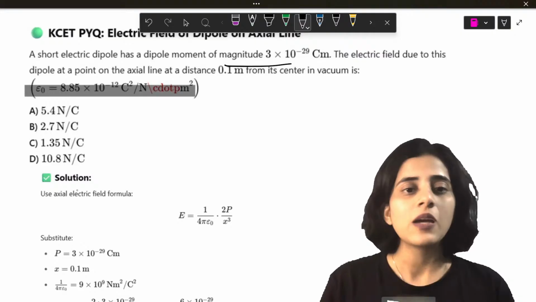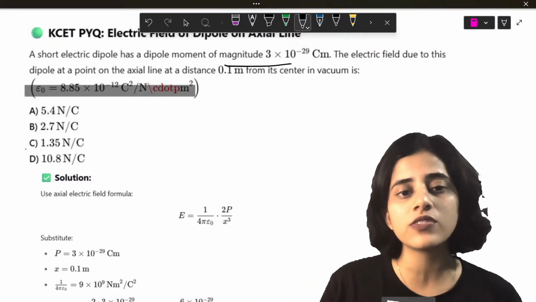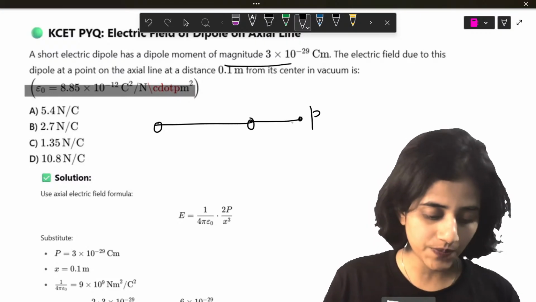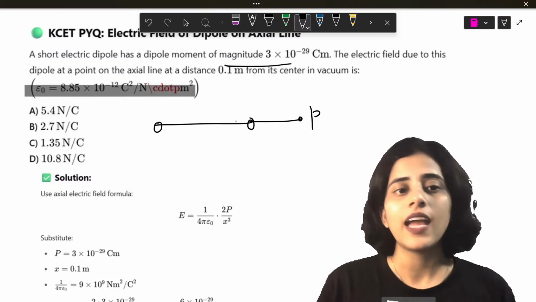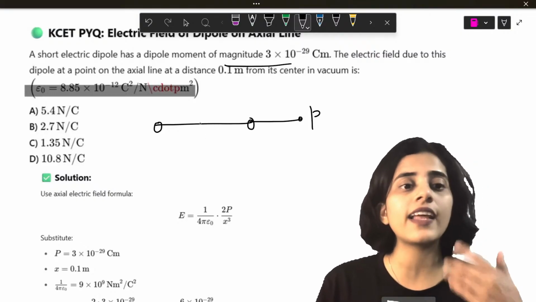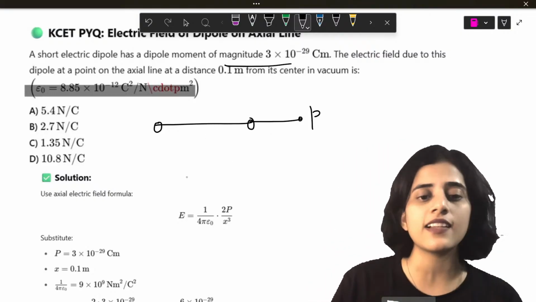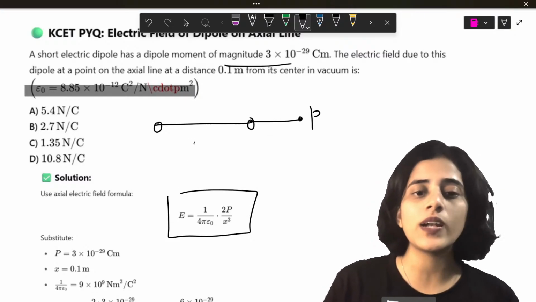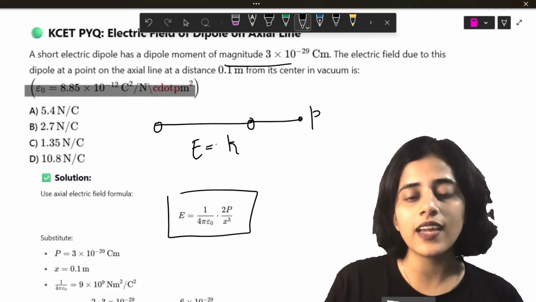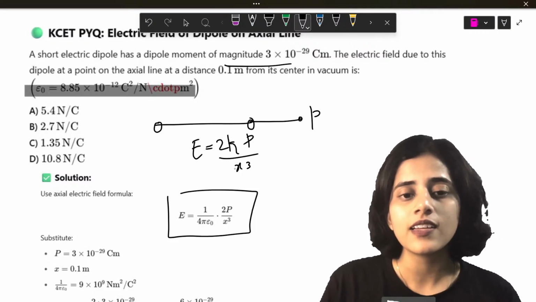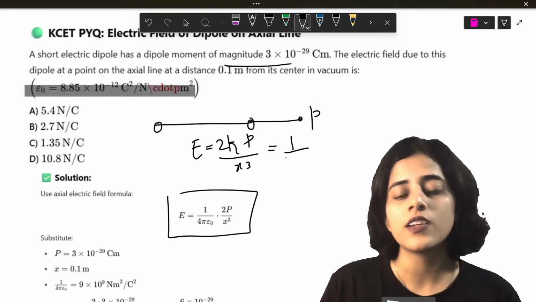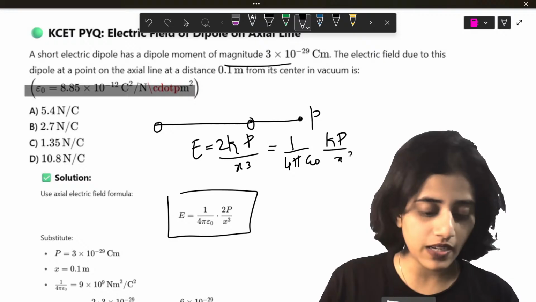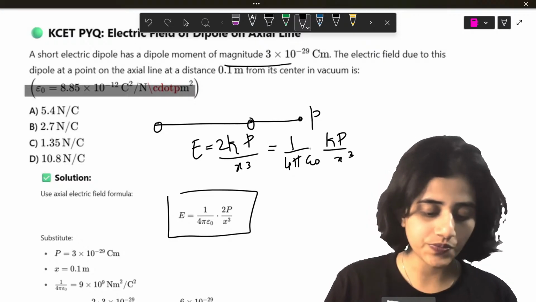Here it's directly given that you have a dipole, you have a point P, and you have to find the electric field at that point P, and it's axial. So you directly use the formula for axial. What is the formula for axial? E is equal to 2kp by x cube, which is equal to 1 by 4 pi epsilon naught, 2p by x cube.